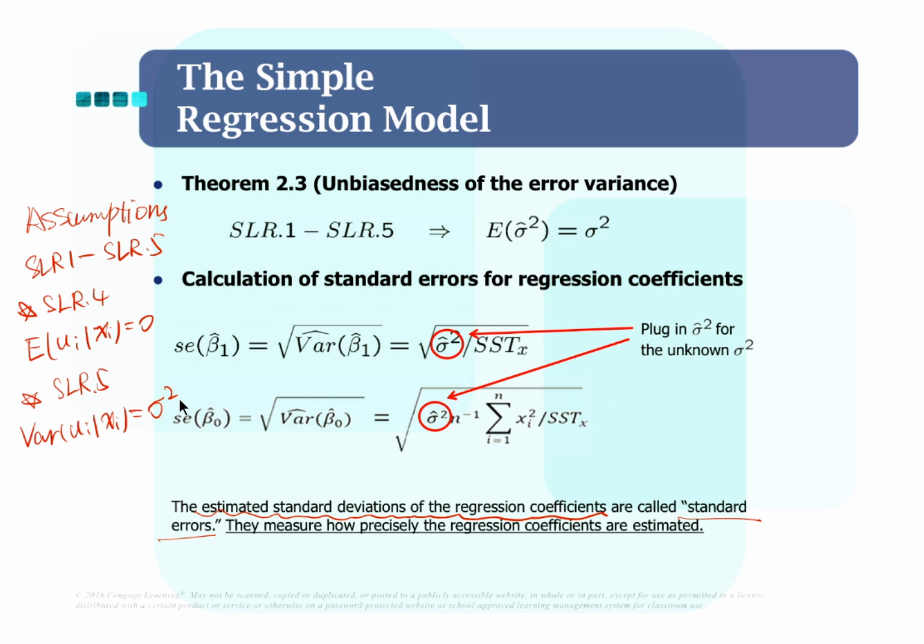First of all, SLR1 to SLR4 implies that the expectation of beta 1 hat equals beta 1. Second, SLR1 to SLR5 implies that the expectation of sigma hat squared equals sigma squared.